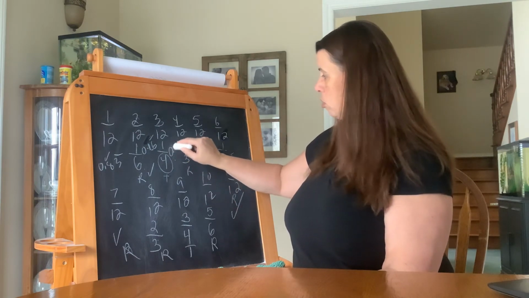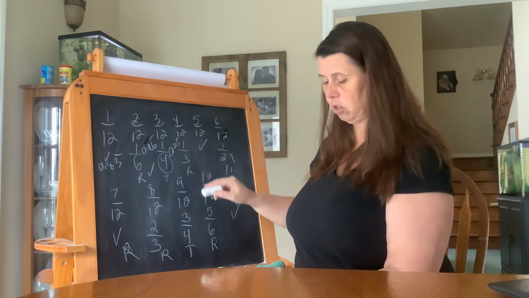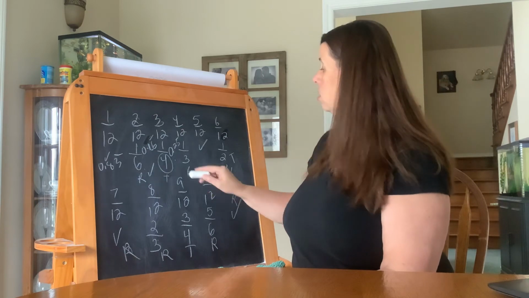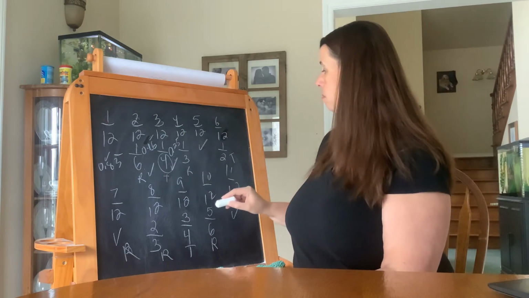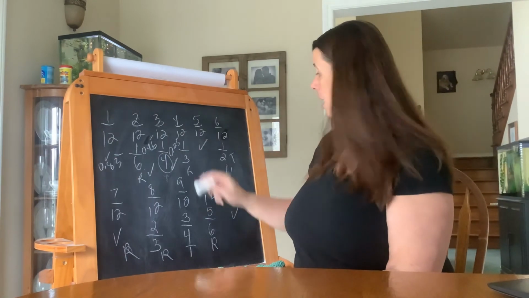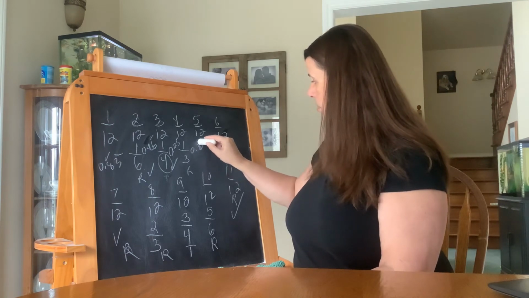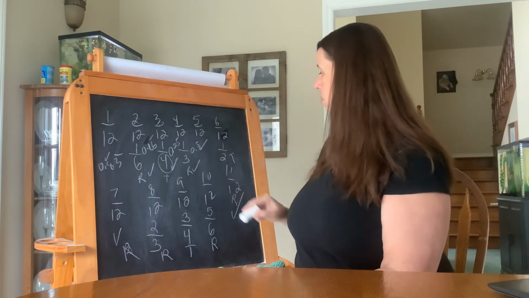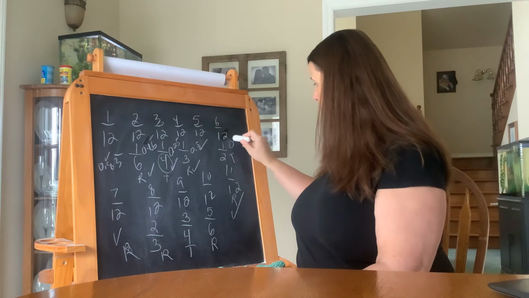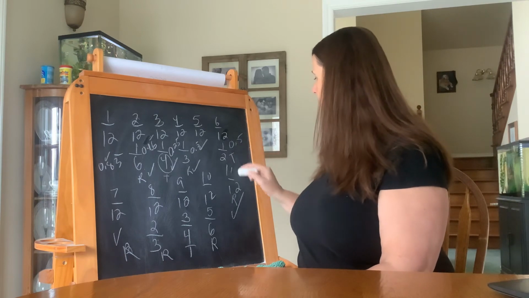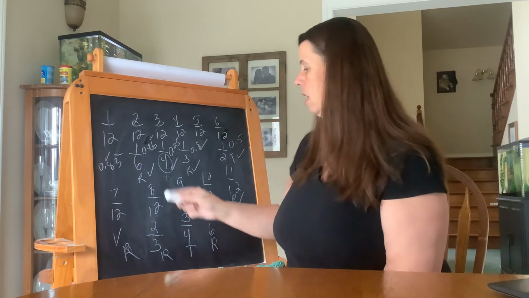1/4 I know is 25 cents, so it terminates. So we were correct. 1/3 I know is decimal 3 repeating, so we were correct. It repeats. 1/2 I know is 50 cents, so it's decimal 5. That terminates. 7 twelfths.